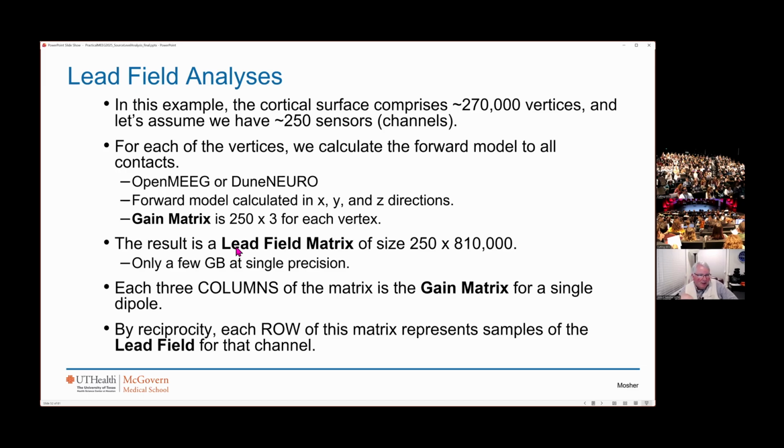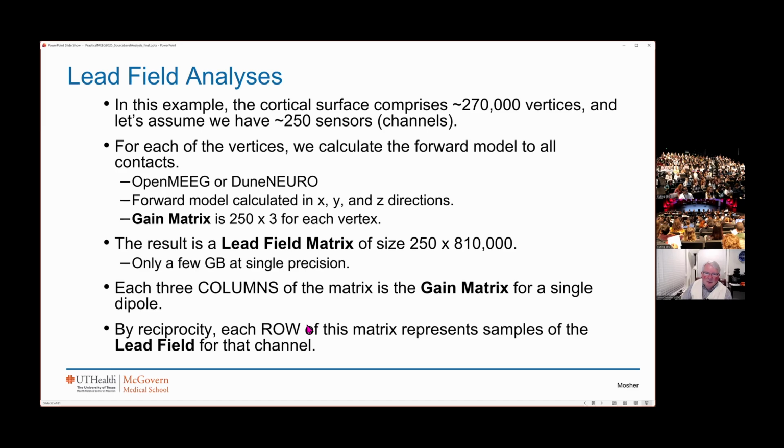Probably not on the laptops that you're carrying around, but it's getting better. My laptop tends to die when I put this stuff in, but my desktop handles this just fine. And in this lead field matrix, every three columns is the gain matrix for a single dipole somewhere in your head space. And by reciprocity, each row of this matrix represents samples of the lead field for that channel. It does solve the transcranial magnetic stimulation or transcranial electric stimulation problem.